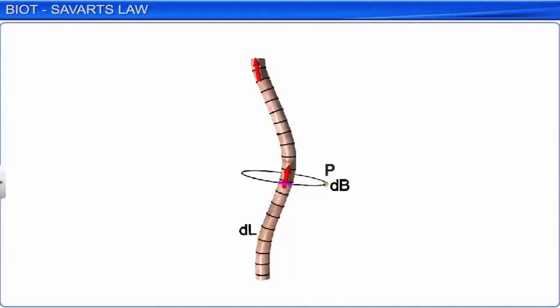Then, to obtain the magnetic induction due to all the elements of the conductor, we calculate the sum of the magnetic inductions due to all the elements at point P. Consider one such element of the conductor. Let R denote the vector joining the current element to point P. Let theta be the angle between the tangent to the element in the direction of the current, which is actually the direction of vector dl, and vector R.